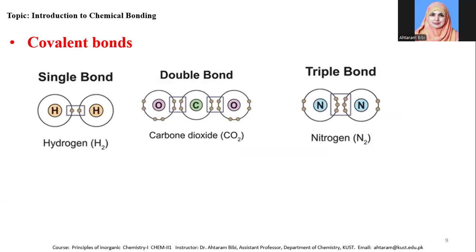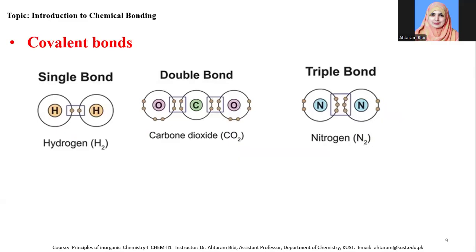Now, covalent bonds are of different types. A single covalent bond is when a single pair of electrons is shared by the atoms, as we can see in the hydrogen molecule. The double covalent bond is one in which two electron pairs are shared by the two atoms.